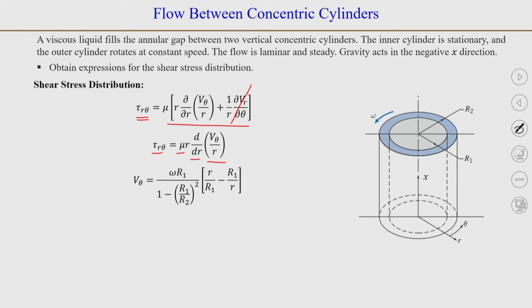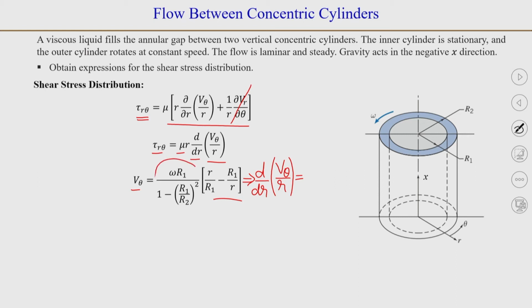Okay. So, you can use the expression for V theta to find the derivative. When you find the derivative of V theta by r with respect to r, you will need to multiply this equation by r.